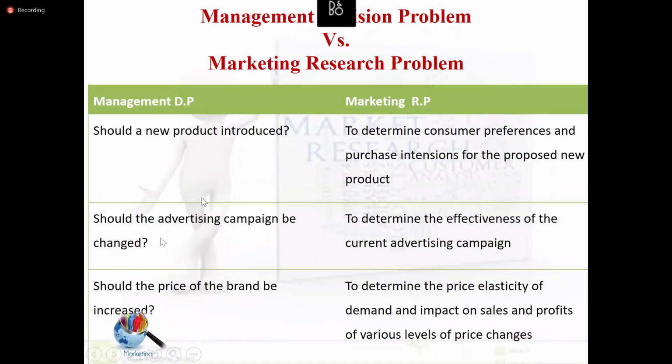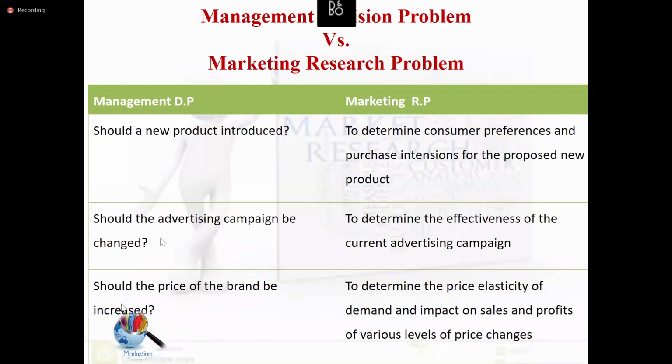Right? If so, then the marketing research problem is to determine the effectiveness of the current advertising campaign. So, before we turn or change, we have to really find out the effectiveness of the present advertising.